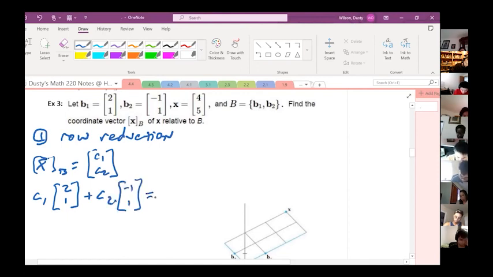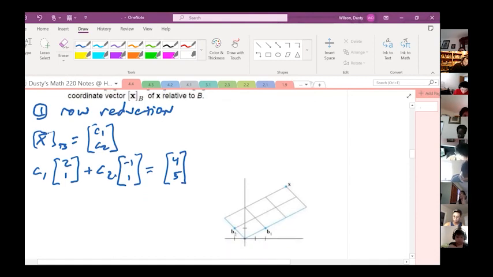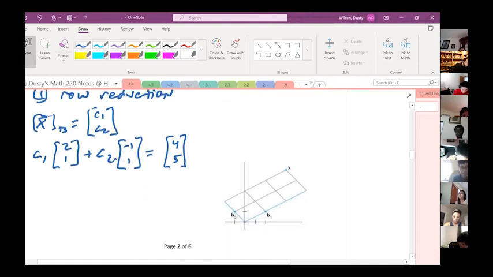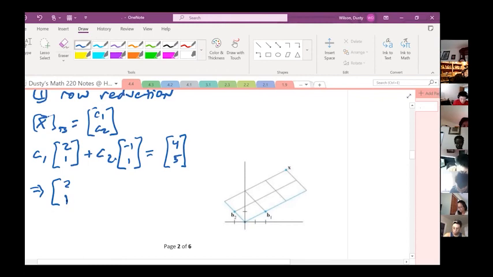And if we add that stuff together, we should get out the 4, 5. But we could write this as a matrix: 2, 1, negative 1, 1, times C1, C2, equals 4, 5.